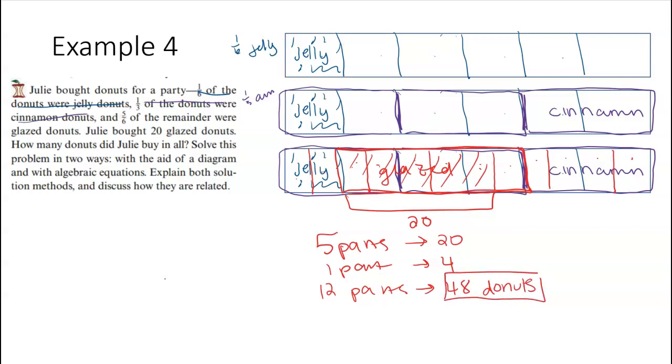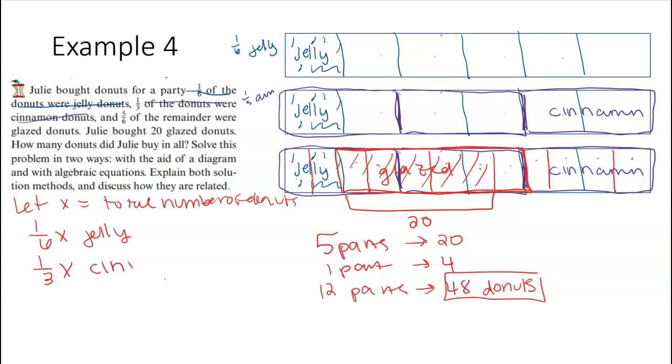Well, let's see if we can use algebra to solve this, rather than, sorry about that noise, the strip diagram. So if we look here, let's let X equal the total number of donuts, right? So let's take it piece by piece. We know 1/6 of the donuts are jelly. We know 1/3 of the donuts are cinnamon.